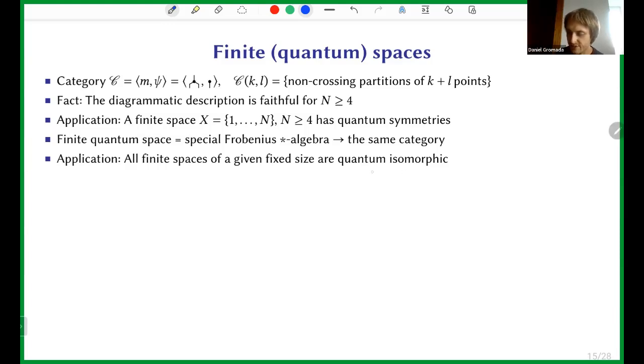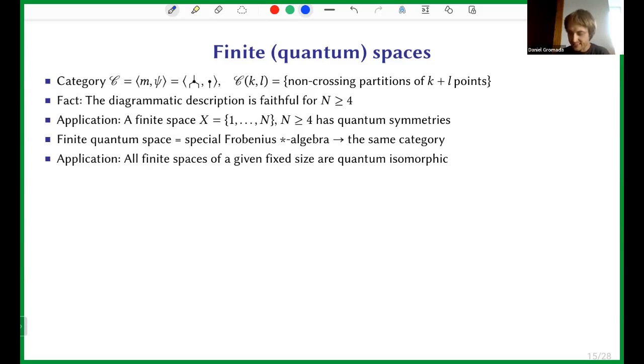this quantum isomorphism again has a meaning in terms of quantum groups, and namely, if two things are quantum isomorphic, then there again must exist some matrix. Like you have symmetries, so automorphisms and isomorphisms.